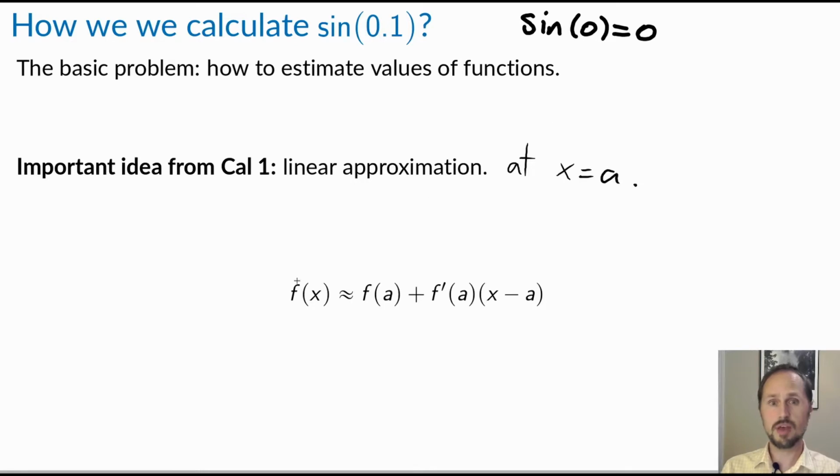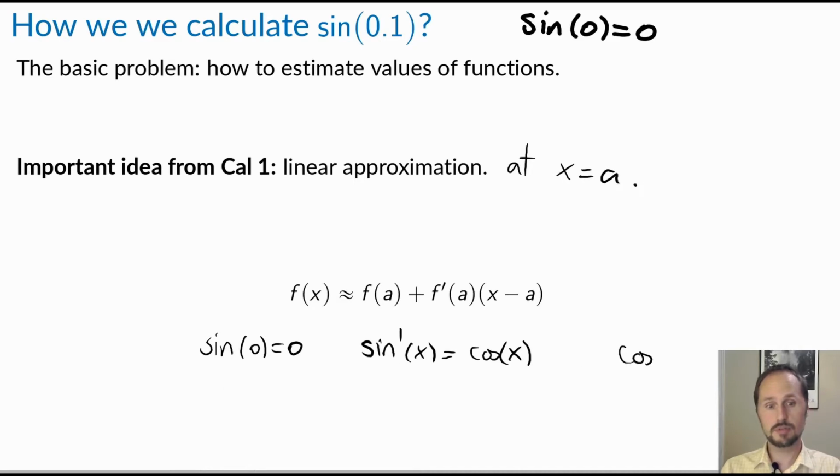So in the case of sine, for instance, if we want to approximate sine of x at x equals 0, we remember that sine of 0 is 0. The derivative of sine is going to be cosine. So if I want to calculate f prime of 0, we're calculating cosine of 0, which is 1.